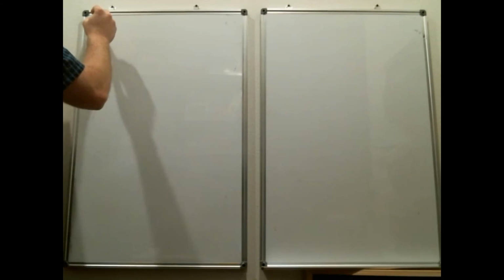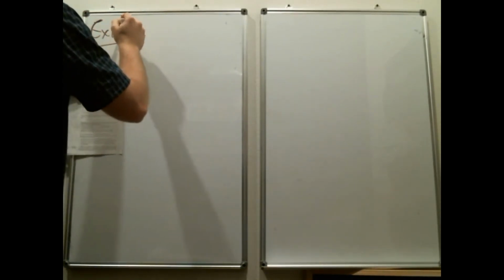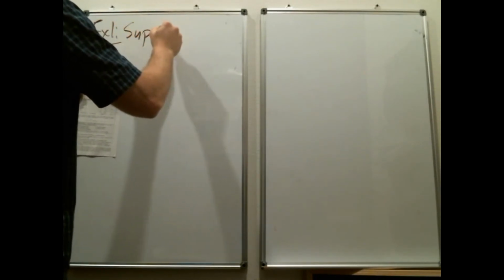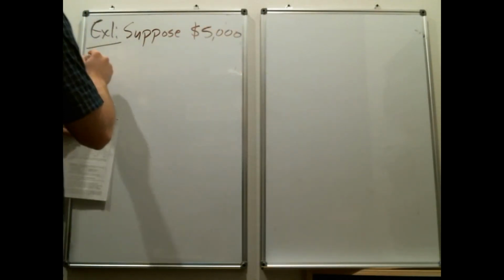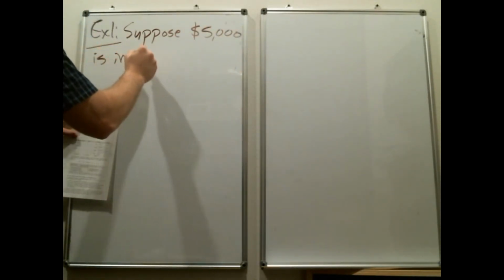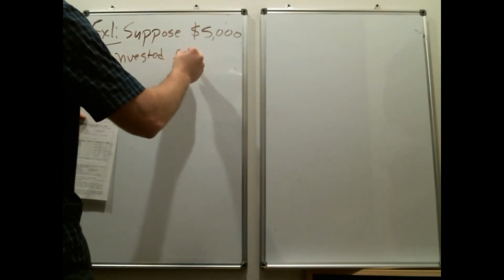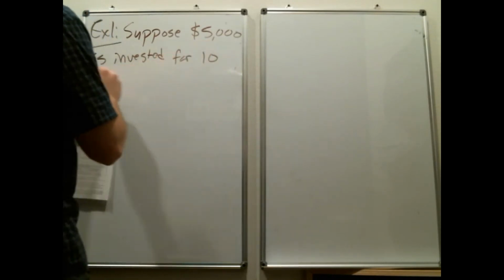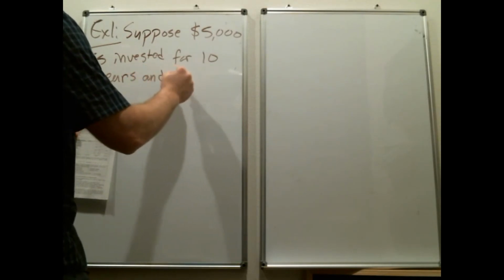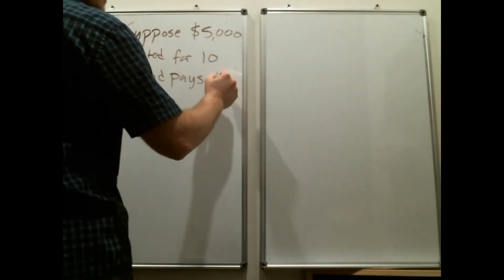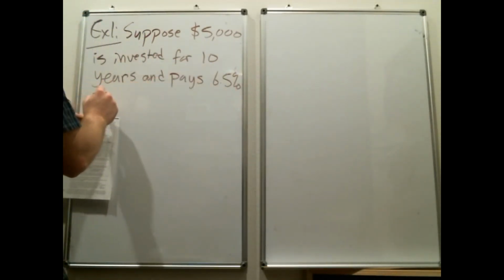Alright, so let's look at example 1, we'll call it. Suppose $5,000 is invested for 10 years and pays 6.5% per year.